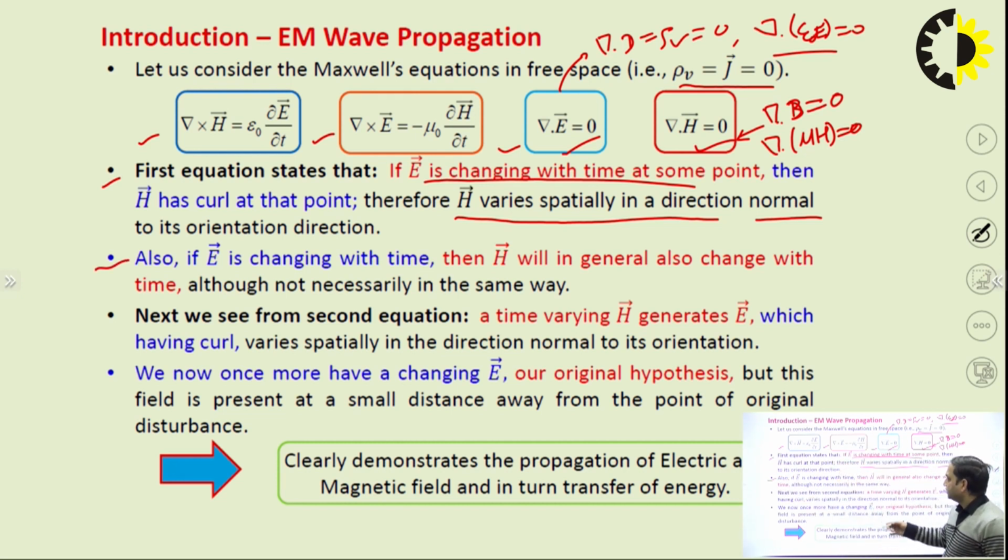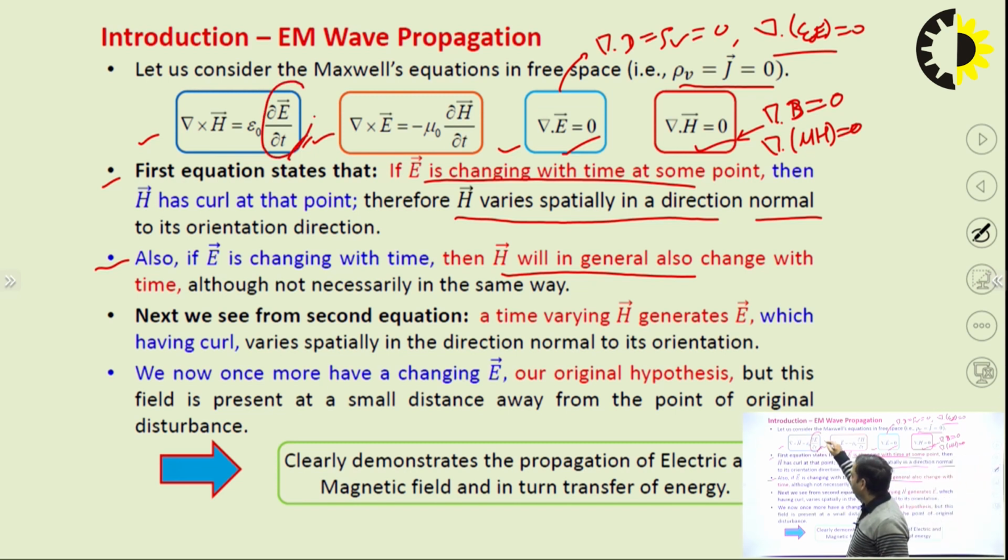In the first equation, where E is changing with time, H will also change with time, because this component shows the time varying field. So, when we have a time varying E field, the corresponding value of H will also change.